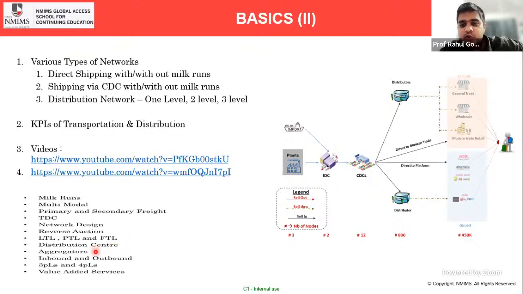There are a lot of aggregators today, right? Who are aggregators? Like we have Uber. Uber is for consumers like you and me. Similarly, there are applications today who can connect manufacturers with the people who have fleet of vehicles with them.